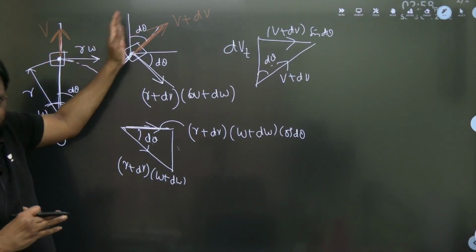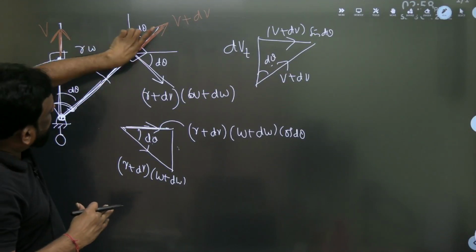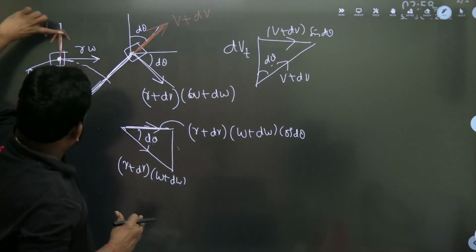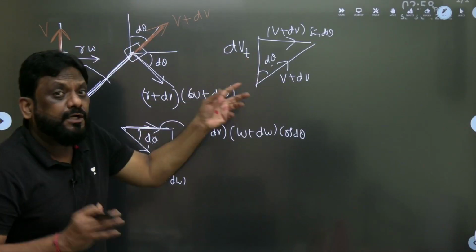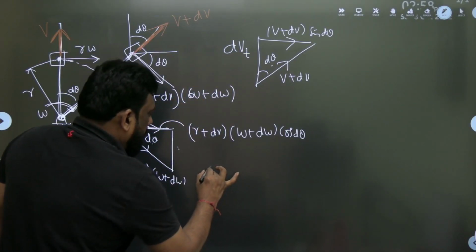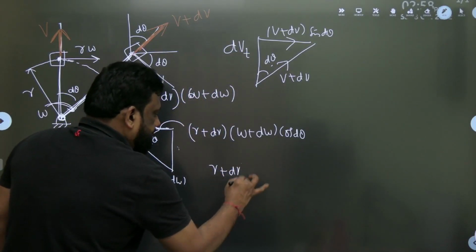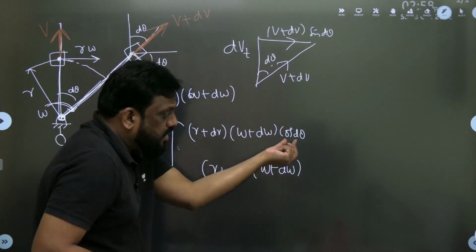With respect to this, I am talking about this. There is a component of this in the rightward, that is tangential direction. There is a component of this in this direction, and both you add, that will give me the total tangential component finally. So r plus dr, omega plus d omega, and cos d theta.